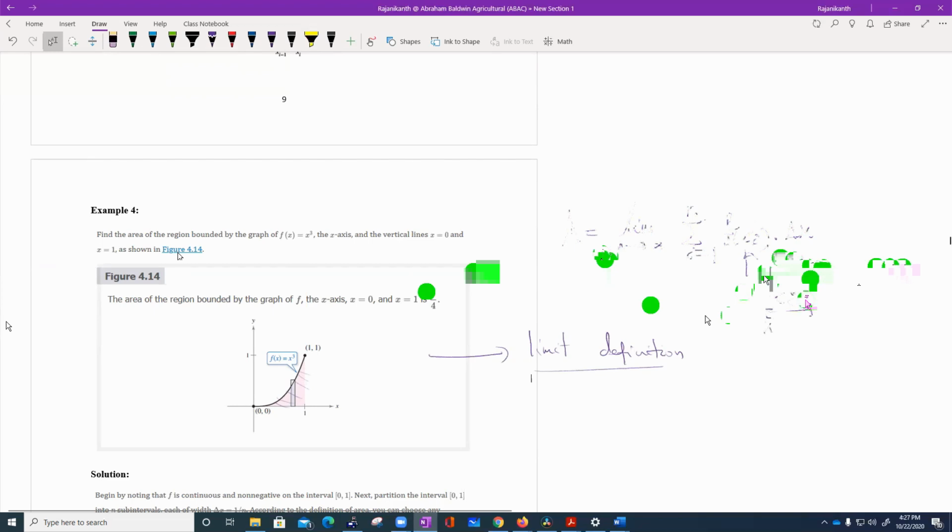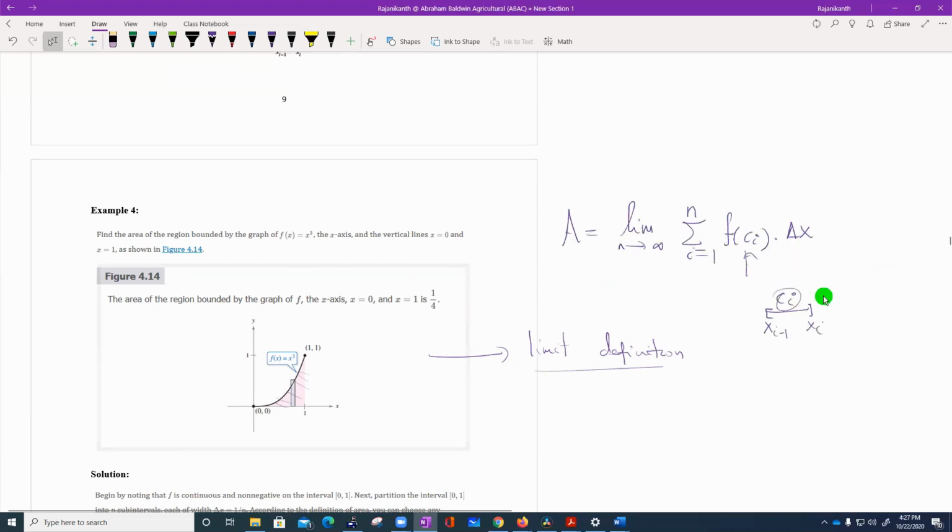Suppose this is your ith subinterval, ci is a point anywhere in this closed subinterval. You are free to choose any value of ci, right? In most cases, we pick ci as either the left hand point or the right hand point. It's up to you. You could choose either one as ci.